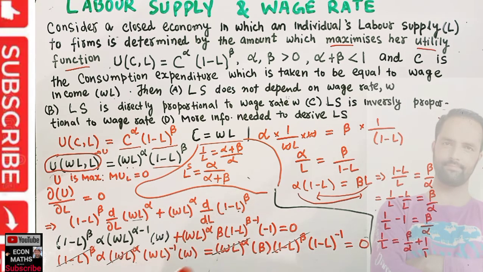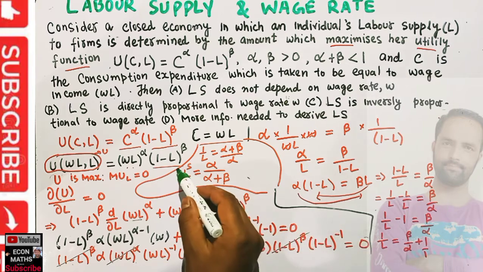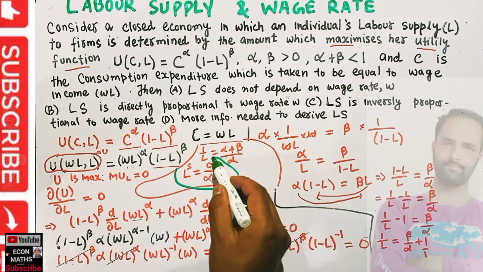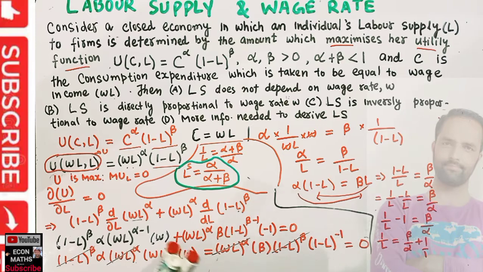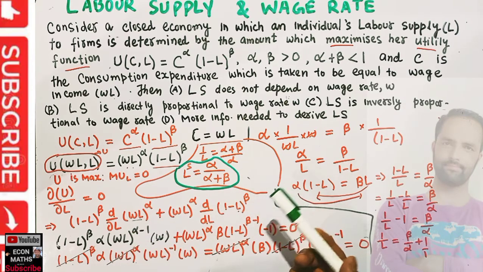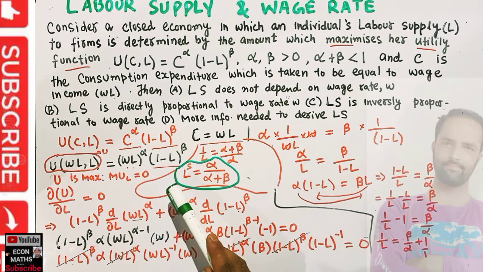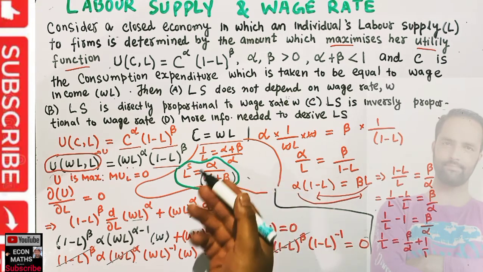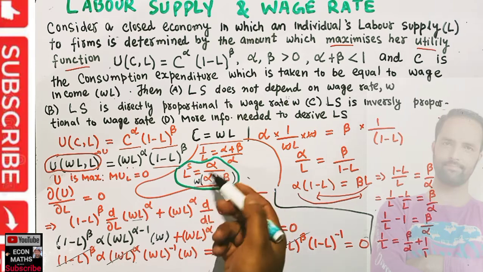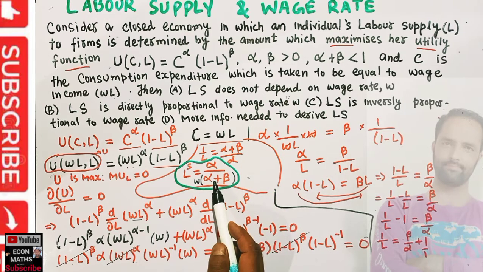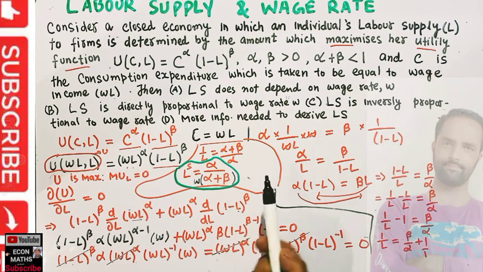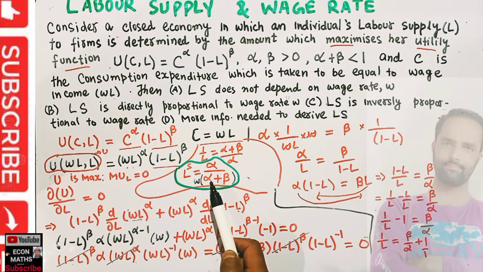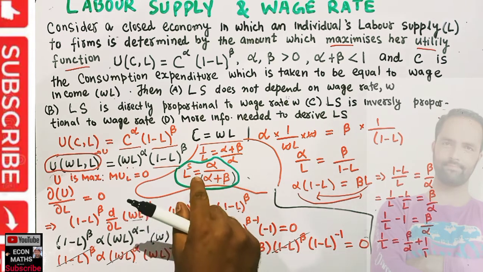Does this labor supply depend upon the wage rate? In this expression, there is no W. If there is no W, we can safely say that labor supply does not depend upon the wage rate. If, for example, the wage rate was in the denominator, then we could have said that labor supply is inversely proportional to the wage rate.